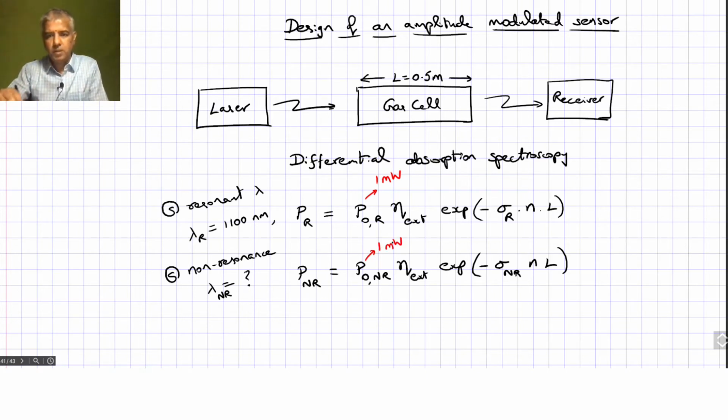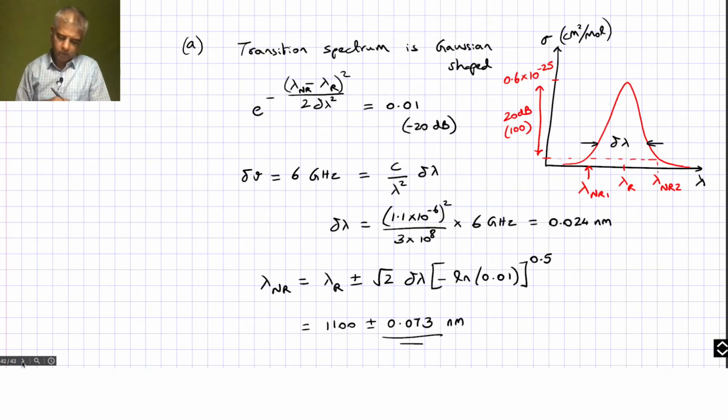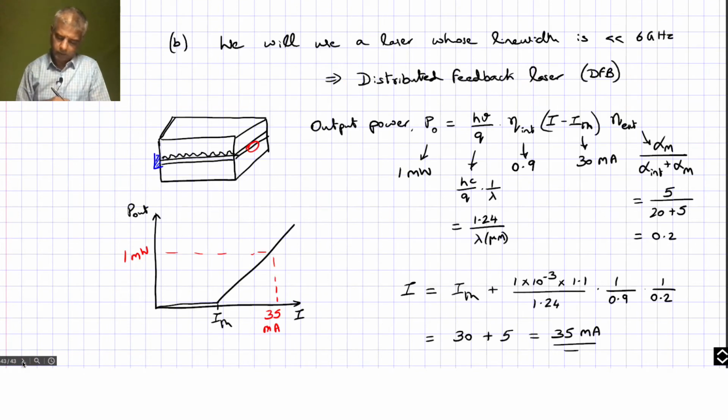There's not going to be a significant change in power when you tune from one wavelength to another. Let's say this laser can be tuned that much by just changing the current or temperature at which it's operated, so we are able to get both the resonant and non-resonant wavelength with the same laser. That's how we're going to do this spectroscopy.